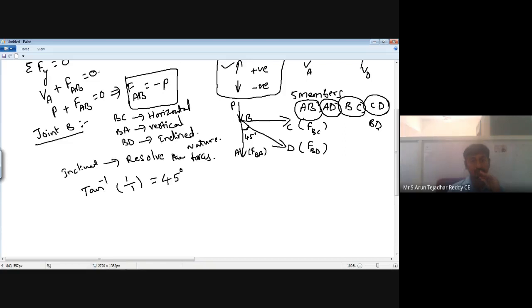Next, go for the further step. Here also, first apply summation of horizontal forces is 0.